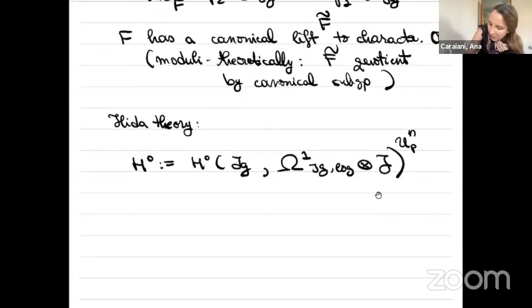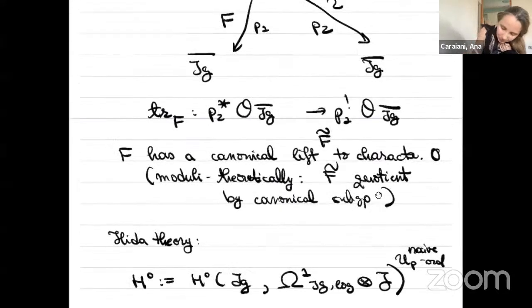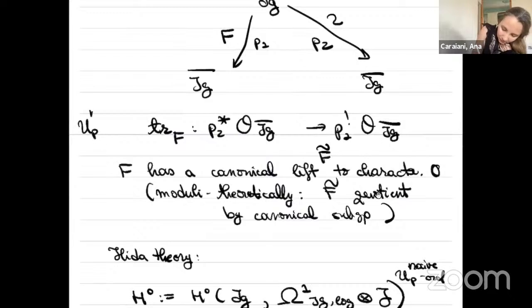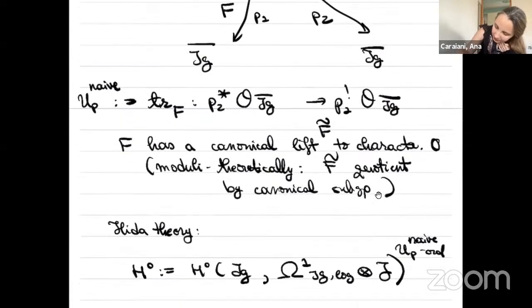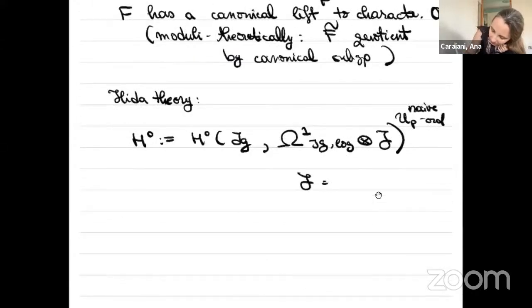And then I want to take the part where, let's see, I'm going to take U_p naive to be this correspondence here. Right, and J is just the ideal of the cusps. That's because I want to talk about cusp forms throughout.